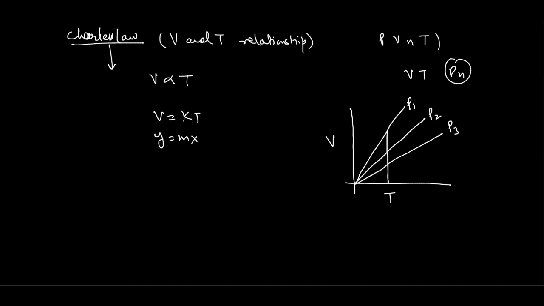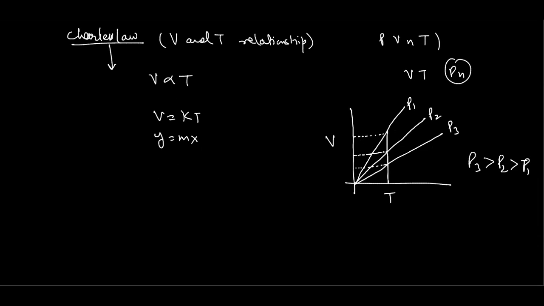So we consider that P3 is greater than P2 is greater than P1. If we fix the temperature, then at higher pressure the volume of the container will be less. Okay, so we have done this one.